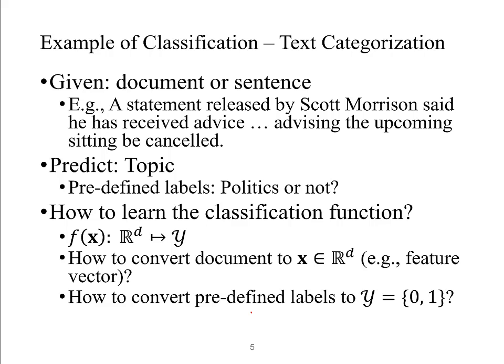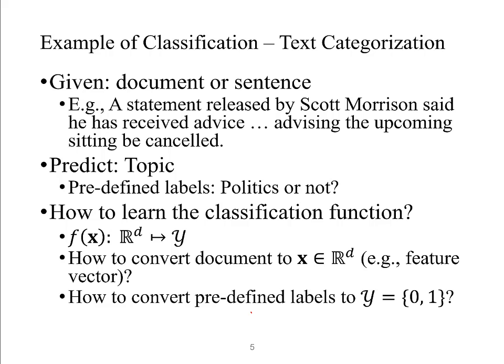So basically, in text categorization, you would be given a document or a sentence. We usually just use document, or say we view a sentence as a document as well. So this is an example of a document, and from the text in this, you probably can guess the topic.